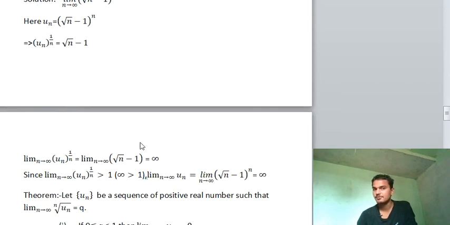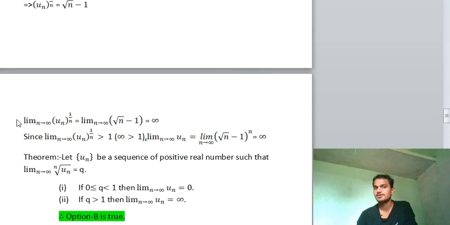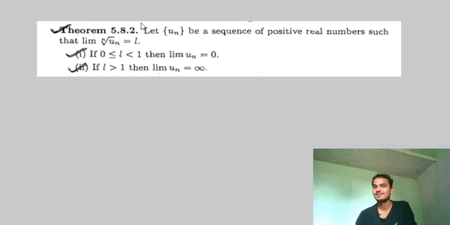The limit of this will be infinity. So the limit of the sequence to the power 1 by n, here the limit of un to the power 1 by n, is infinity. It is greater than 1. You can see the same theorem: when the limit of un to the power 1 by n is greater than 1, then the limit of the sequence un is equal to infinity.